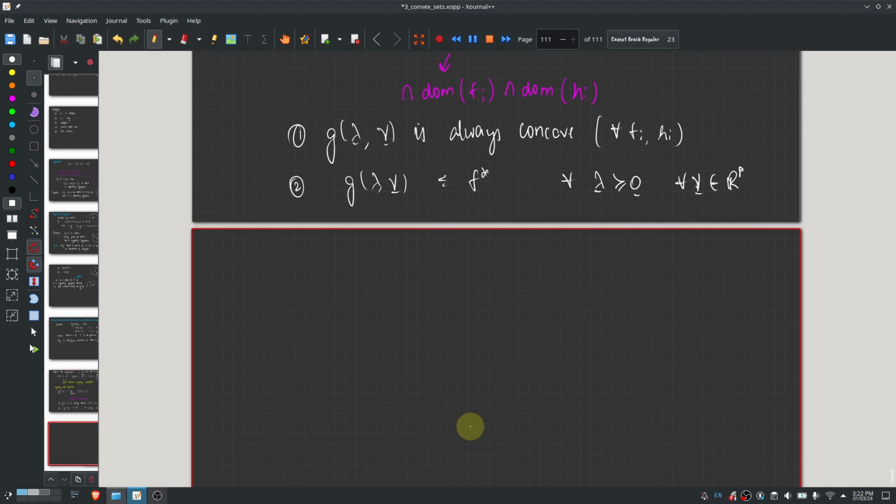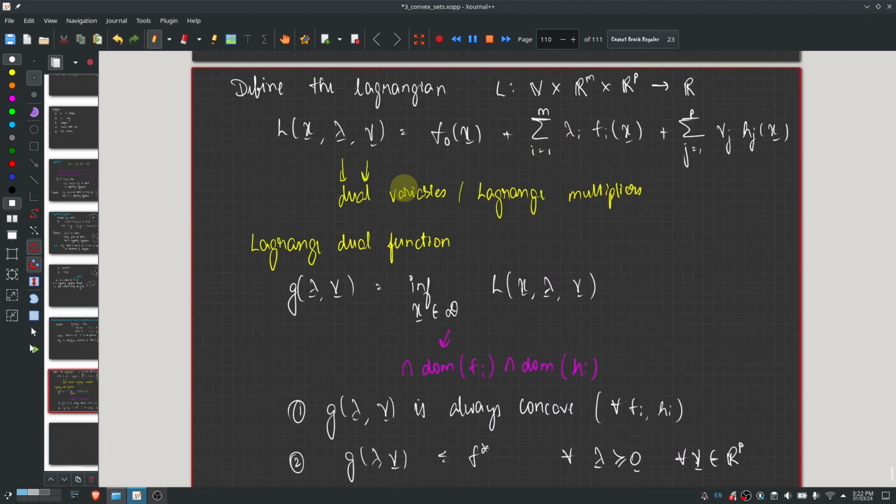Okay, so let's first see why this could possibly be true. Now we are given this particular quantity, right? So the Lagrangian is equal to this particular quantity.